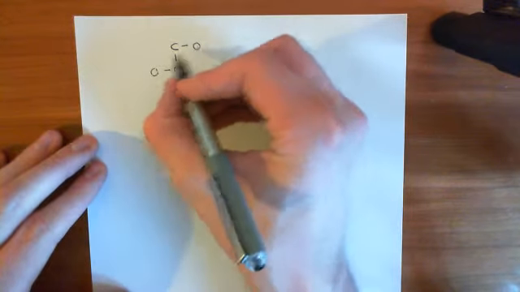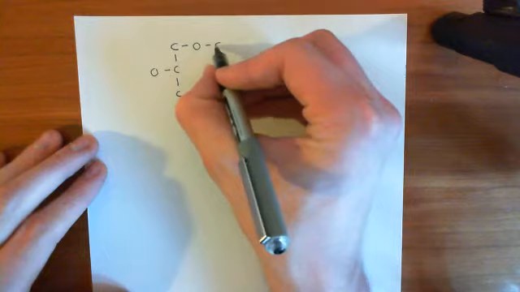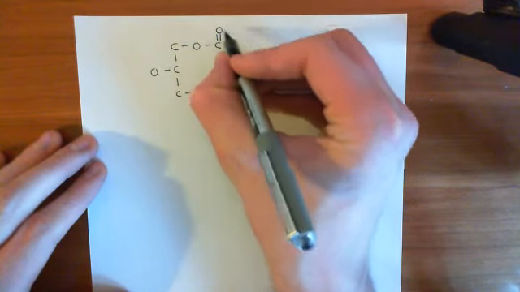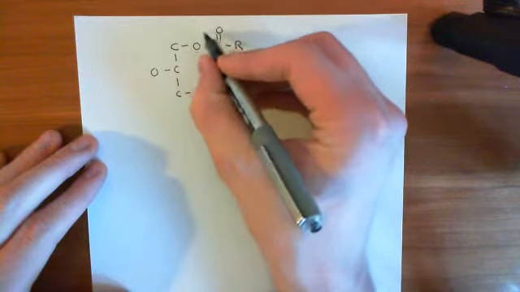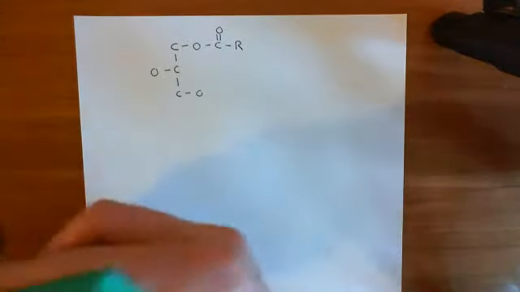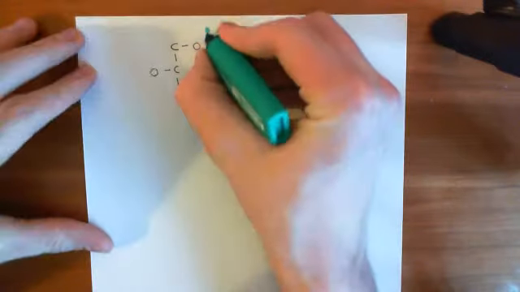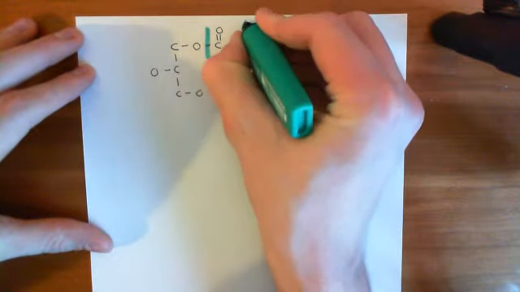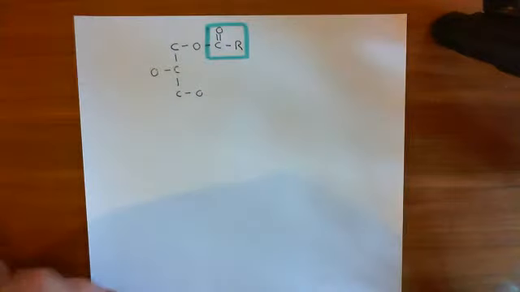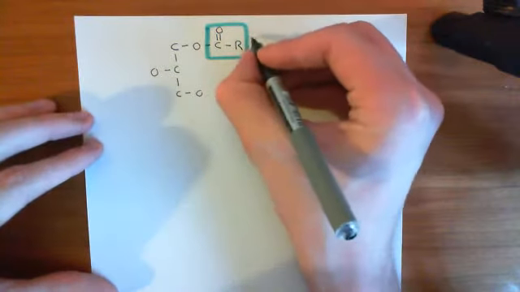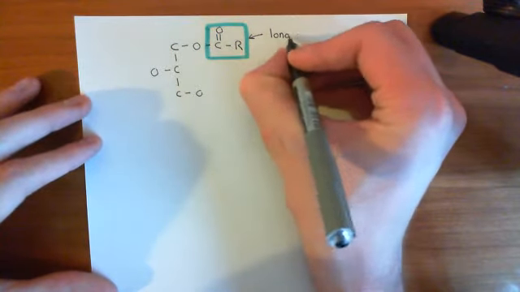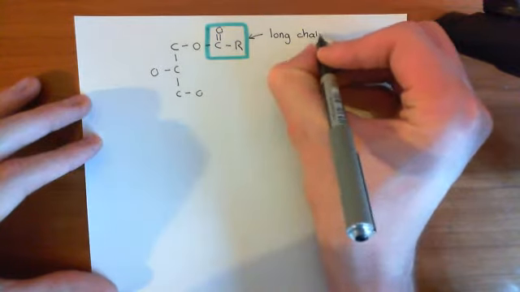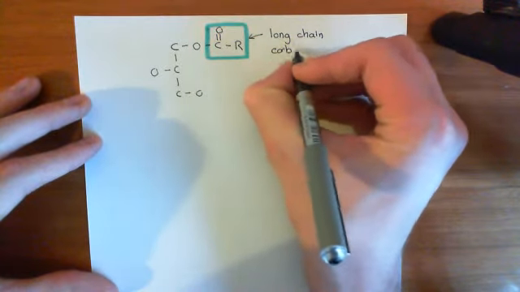So these first 2 hydroxyl groups here are involved in esterification reactions, in ester links to long-chain carboxylic acids. This is meant to represent a long-chain carboxylic acid. So in turquoise here, this is a carboxylic acid which has been esterified to this first hydroxyl group of the glycerol molecule, and this R group here is supposed to be a long group basically. So this is a long chain carboxylic acid.